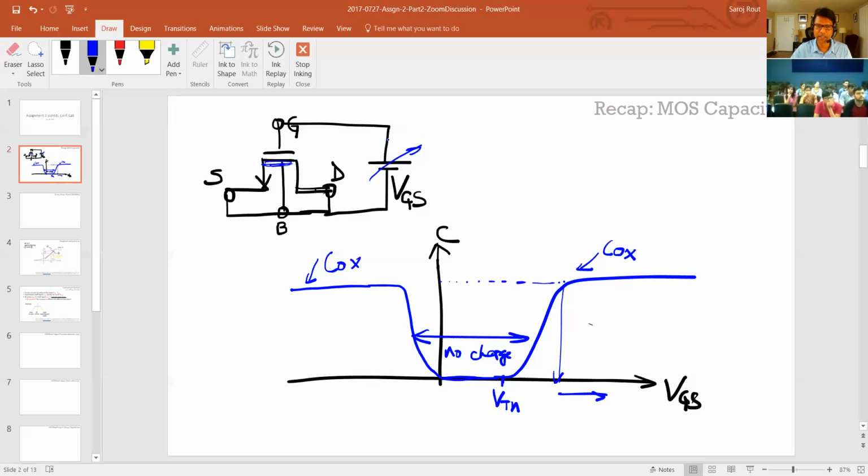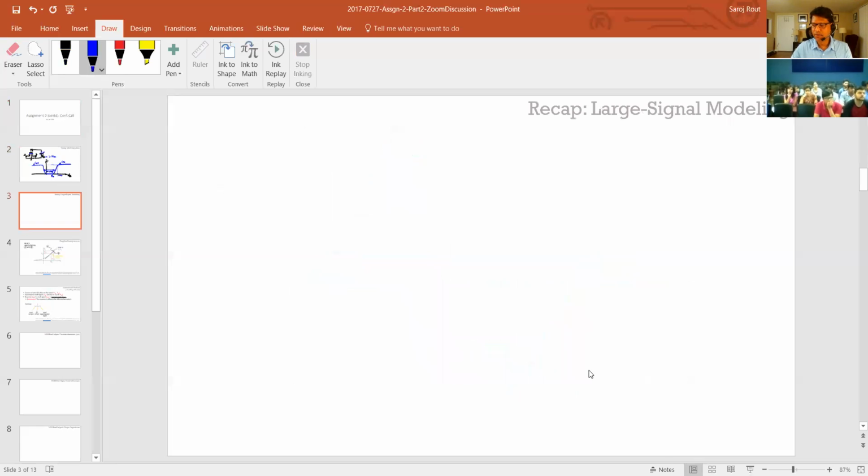So let's say you have some bias voltage and you're applying some small signal here, and you want to look at it as a capacitor, then you can, as long as this voltage is sufficiently larger than VTN. Usually you want it to be 100 to 150 millivolts larger than that. So that's how the two-terminal device looks.